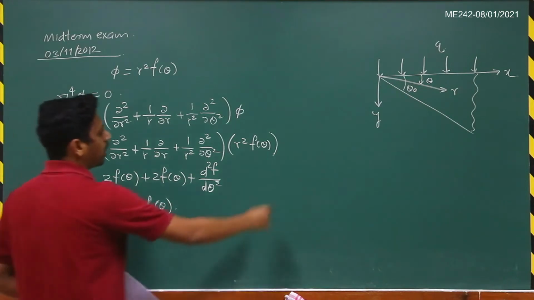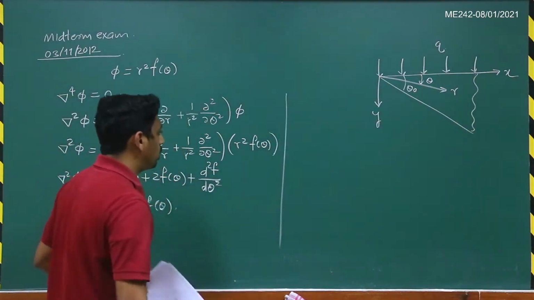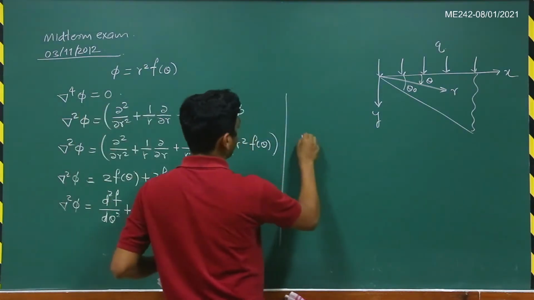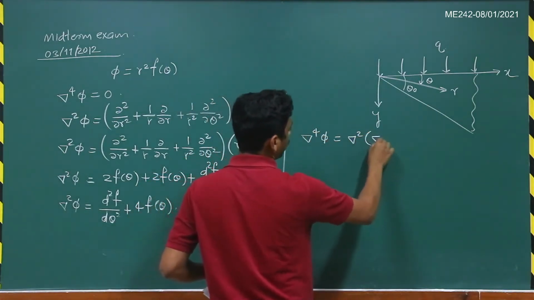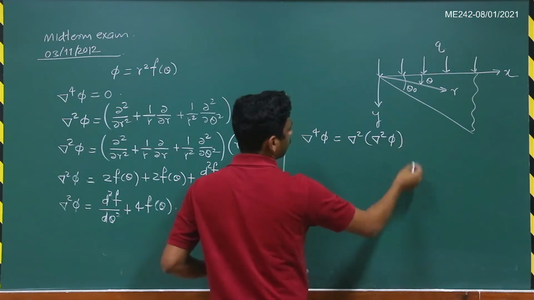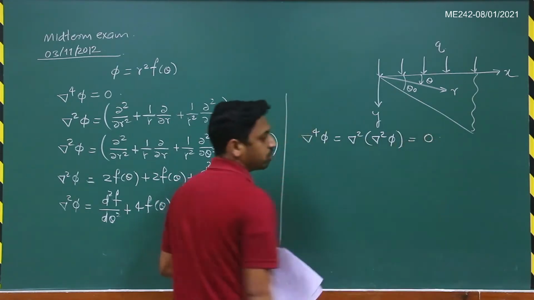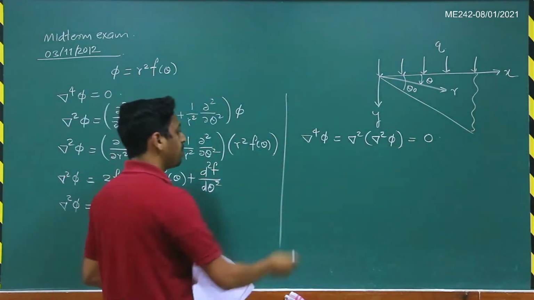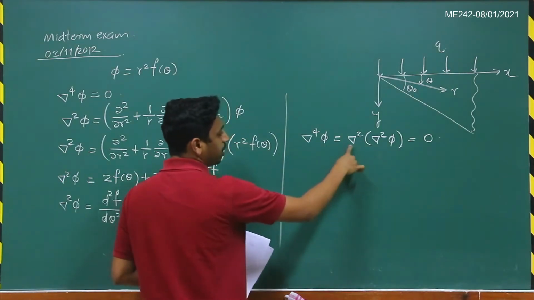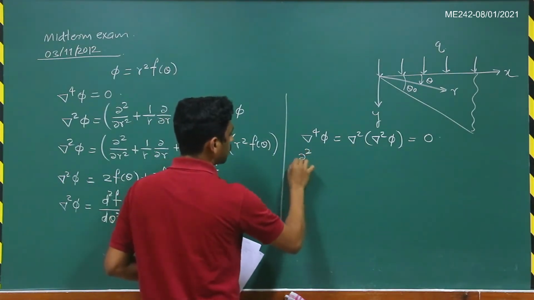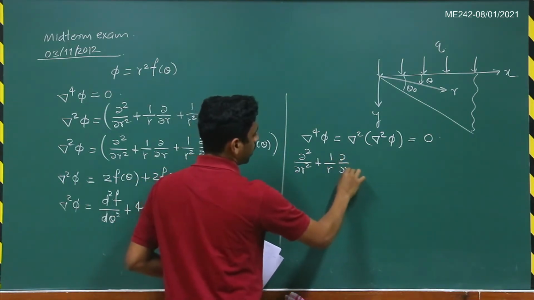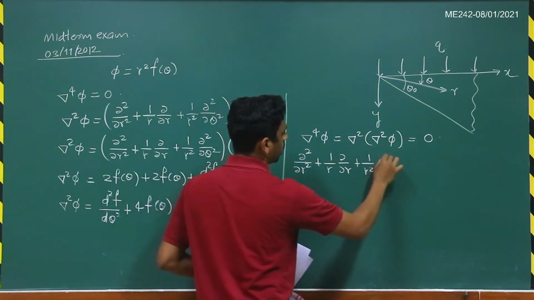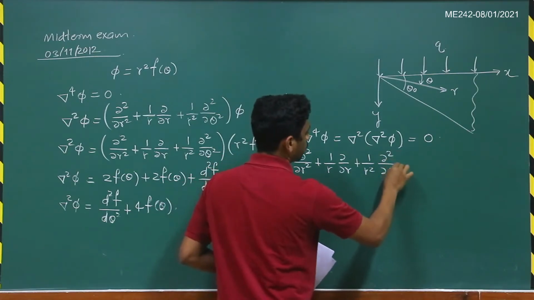Now we have another equation. The basic equation is del 4 phi equal to 0, which can be written as del square of del square phi equal to 0. This is the equation we have to satisfy. Again we use the definition of del square: del square over del r square plus 1 over r del over del r plus 1 over r square del square over del theta square.